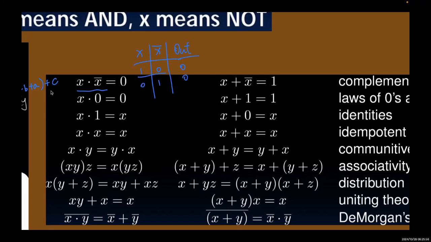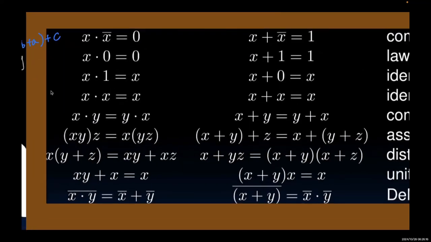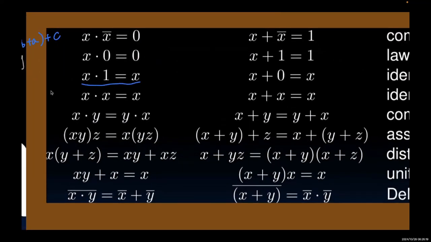Those are the only two possible situations, so x and not x is always 0. And x and 0 is always 0, because you need two 1s to get the output 1. And x and 1 is x. If x is 0, then the output is 0. If x is 1, then the output is 1. So x and 1 is x.